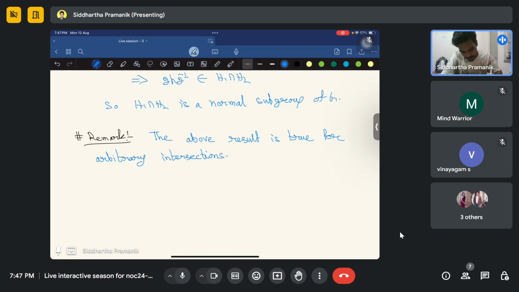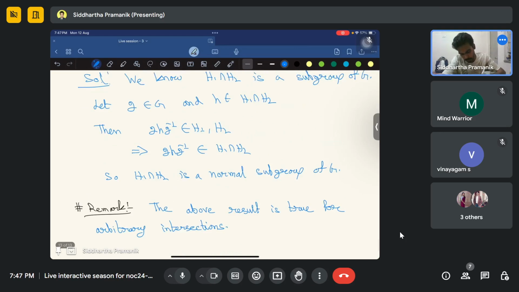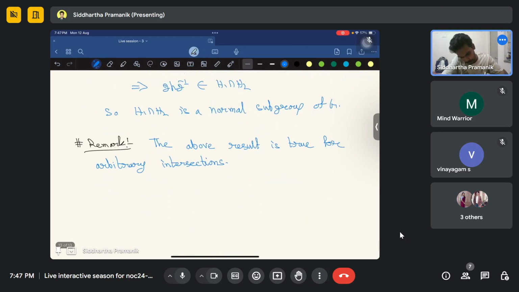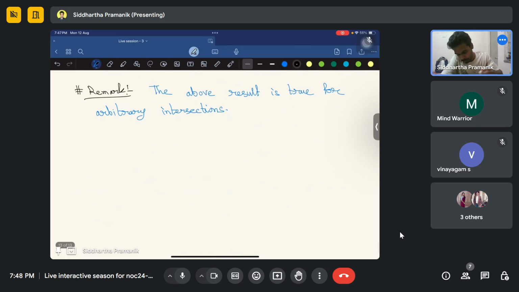So the proof is exactly the same. So you can write the details on your own. Now let's move on to the problems on Lagrange's theorem.